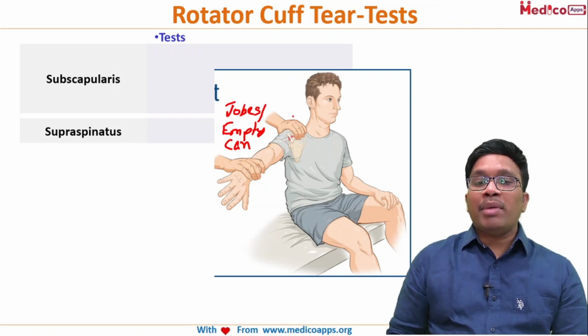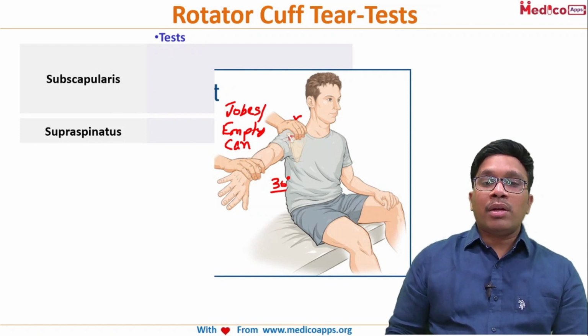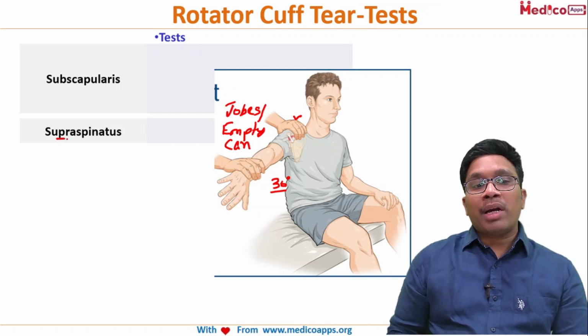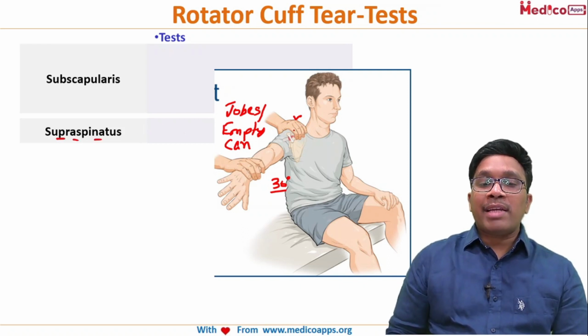The examiner stabilizes the scapula and the shoulder is abducted in the scapular plane, that is 30 degrees anterior to the frontal plane, and against resistance the arm is asked to abduct. So here if the patient is having a tear in the supraspinatus muscle, it manifests as pain over the affected area. Other than Job's and empty can, another test is the full can test.